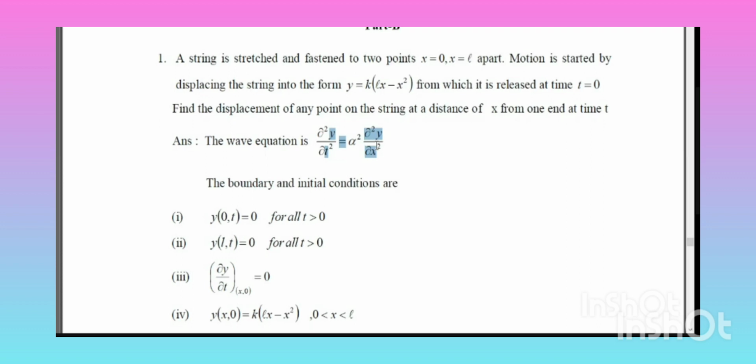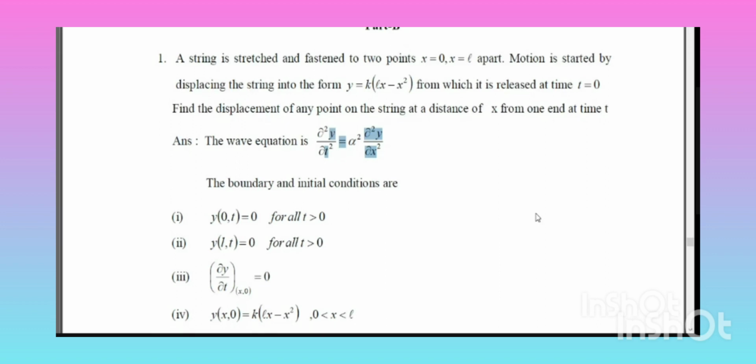Find the displacement of any point on the string, at distance x from one end, at time t. So one end is 0, another end is L, so the limit is 0 to L.